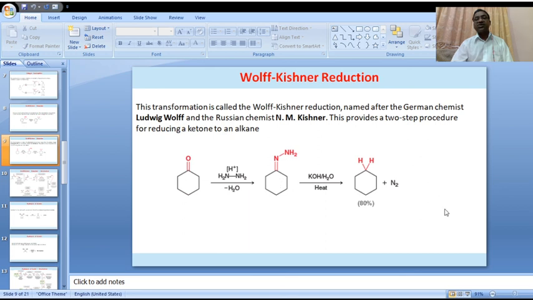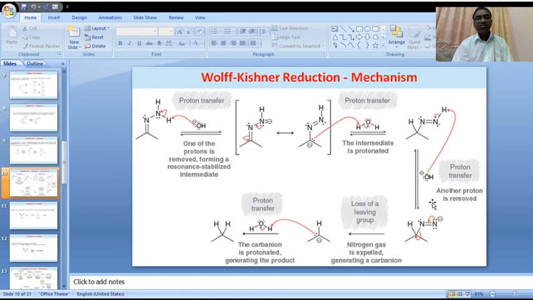This provides a two-step procedure for reducing a ketone to an alkane. For this two-step procedure, we will discuss the actual mechanism part, but in this short time we cannot cover the full mechanism.